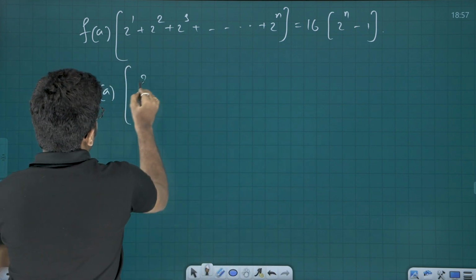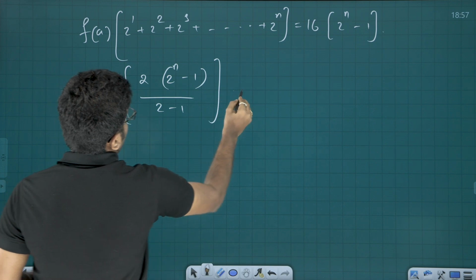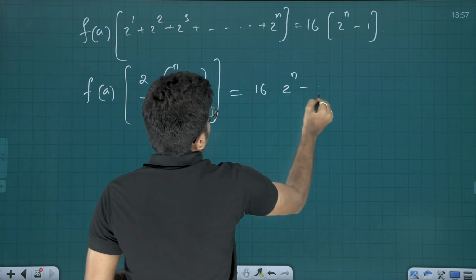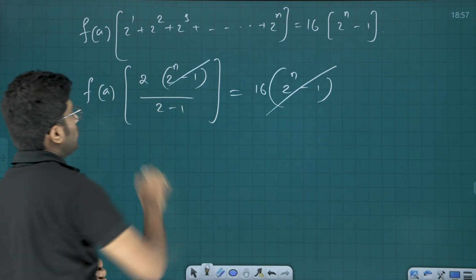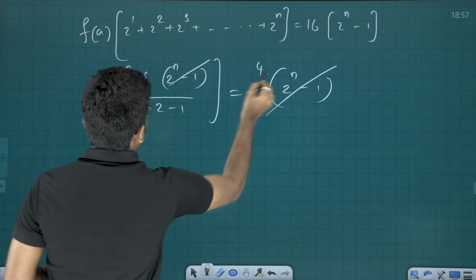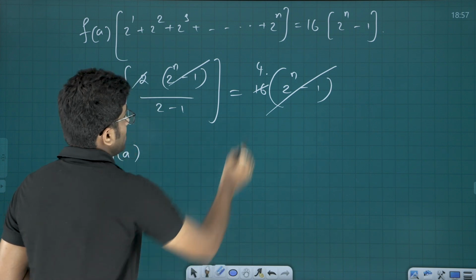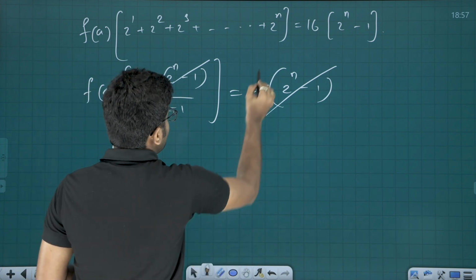So 2 into 2 power n minus 1, divided by 2 minus 1, equals 16 times 2 power n minus 1. 2 power n minus 1 gets cancelled, friends. So f of a is equal to 2 eights, 2 eights are 16.